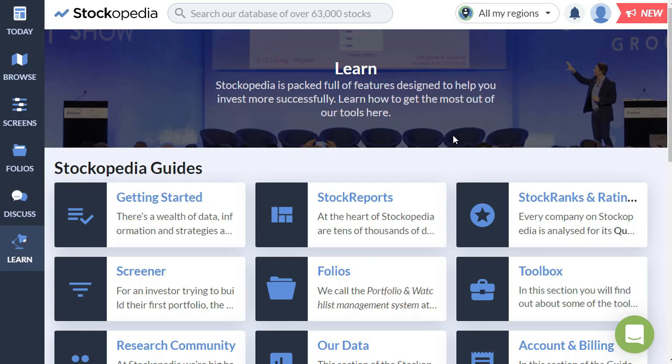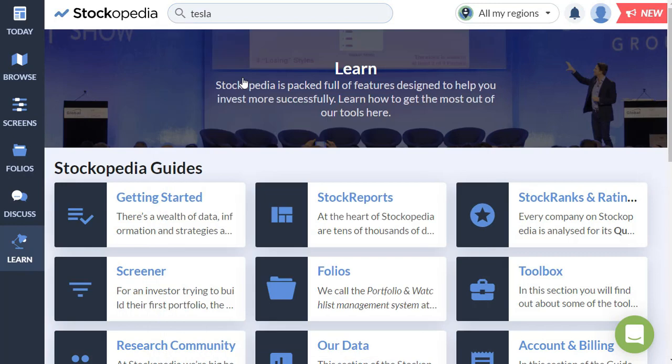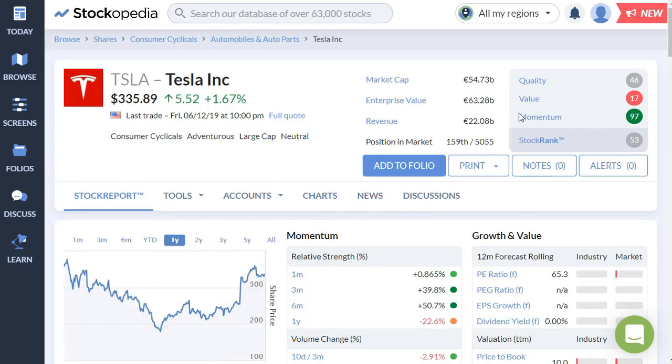So basically, when I'm sitting with this tool and I find a stock that is showing some good signs, let's say for instance that Tesla was showing some good signs, then I just write Tesla in here, and we can right away see that they do not have a very good quality score.